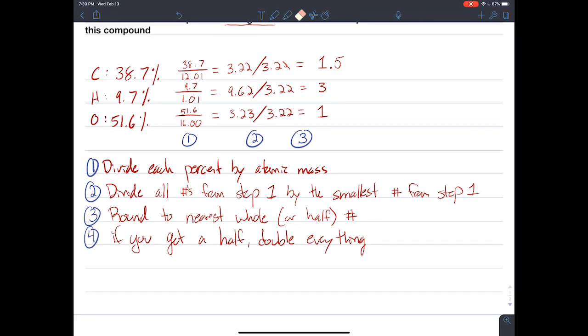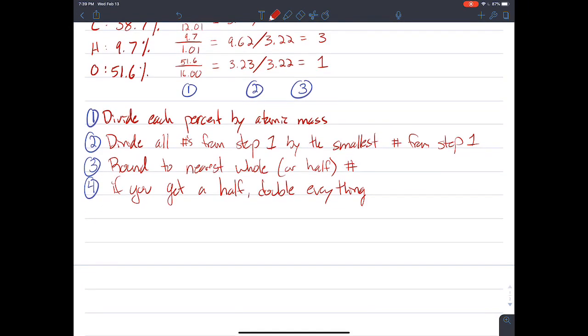Okay, so now I have my 3 numbers, and step 5 that wraps it up is that the answers from steps 3 and 4 are the subscripts.